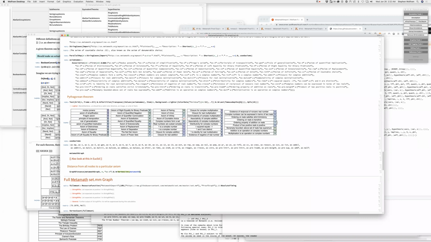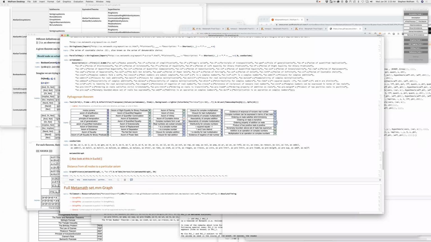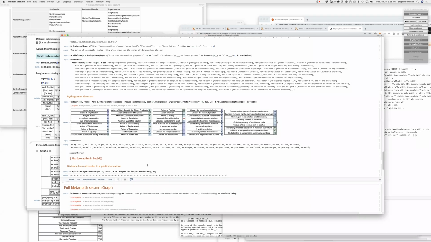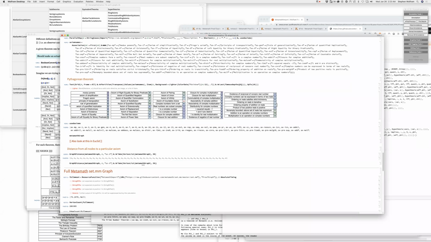There's no faster way to do this, is there? Maybe you can just provide a list for the graph list. Oh, let's try that. Well, let's just see.